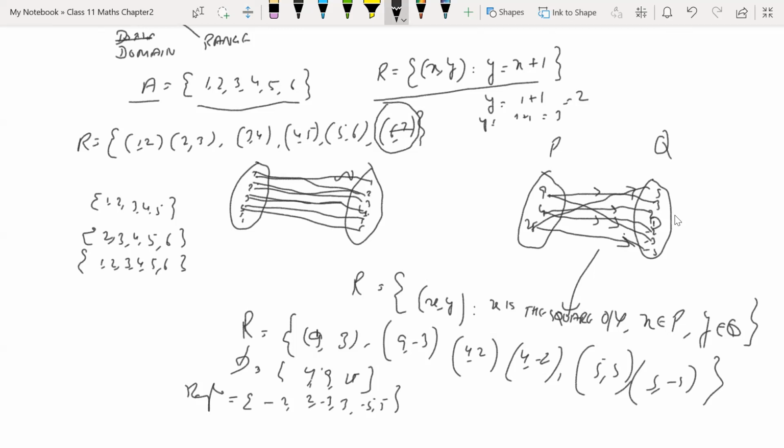Today, in this class and in the previous class, we have studied fully about relations and functions. In the previous class, I taught about functions, relations, domain, codomain, range, etc. In this class, I taught you about relations, and I tried to help you understand with some examples.